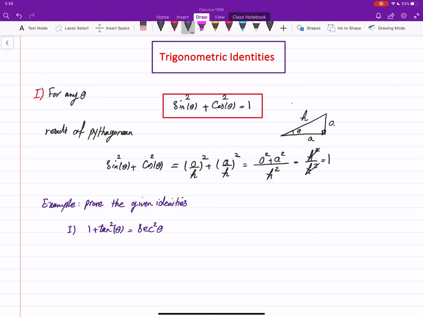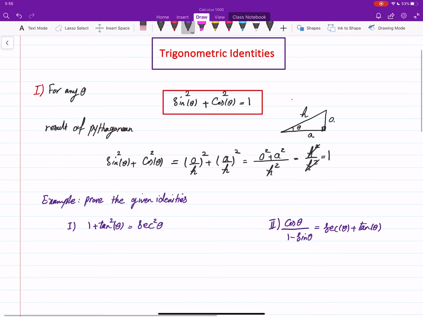And the second one is, if you have cosine theta over 1 minus sine theta, this will give us secant theta plus tan theta.